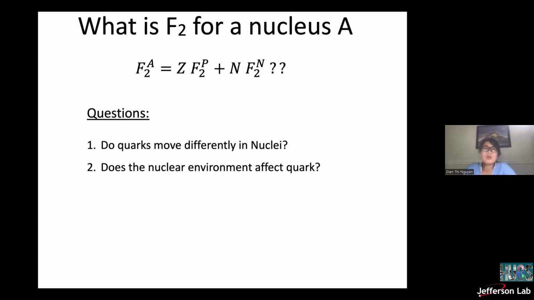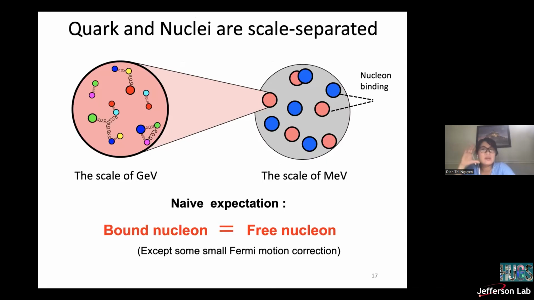We should have some expectation first about this question. When we talk about the nucleon, it is in terms of GeV, right? The mass of the nucleon is on the scale of the GeV, very big. Now we use the nucleons to form a nucleus. We just put them together, and they bind together to make up this nucleus. The scales are very separated.